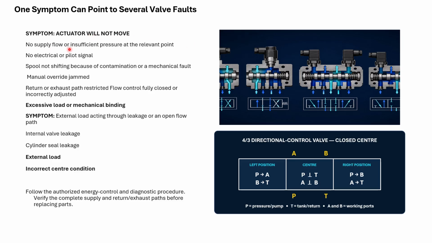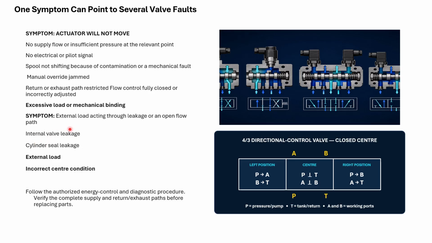Causes: no supply flow or insufficient pressure at the relevant point; no electrical or pilot signal; spool not shifting because of contamination or a mechanical fault; manual override jammed; return or exhaust path restricting flow; flow control fully closed or incorrectly adjusted; excessive load or mechanical binding.